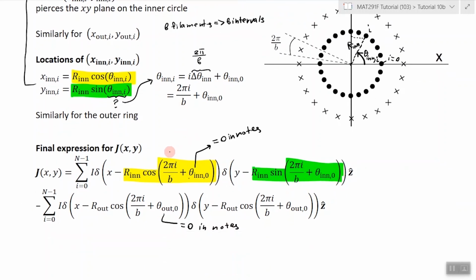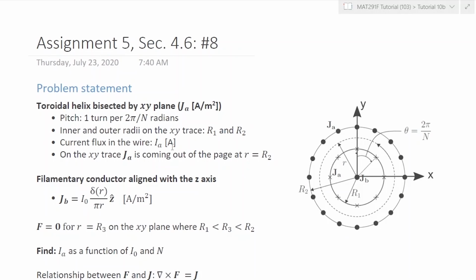Okay, so now let's solve a problem that will use this result. This would be problem number 8 in section 4.6 of reading assignment 5. The problem has two objects involved. One is the toroidal helix that is bisected by the xy plane.